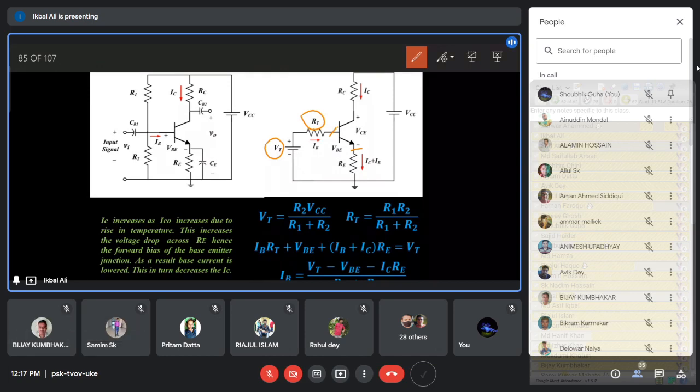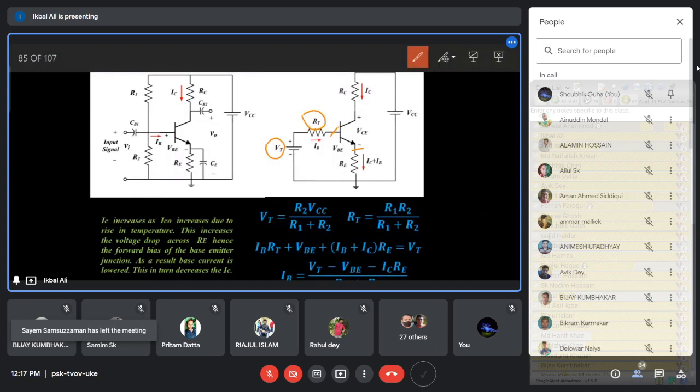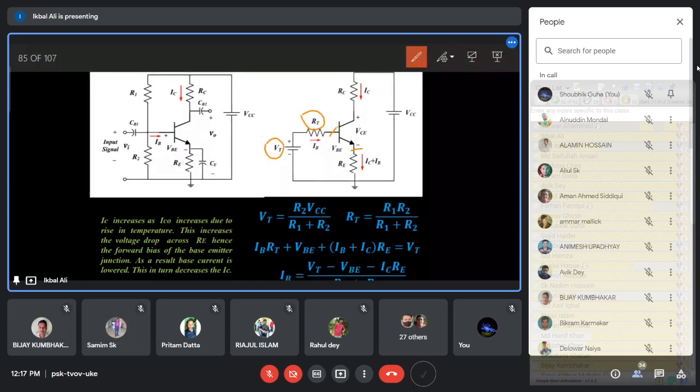With the help of VCC and these resistances, the base emitter voltage should be, for silicon, 0.7 volt, the forward bias voltage of the base emitter PN junction.